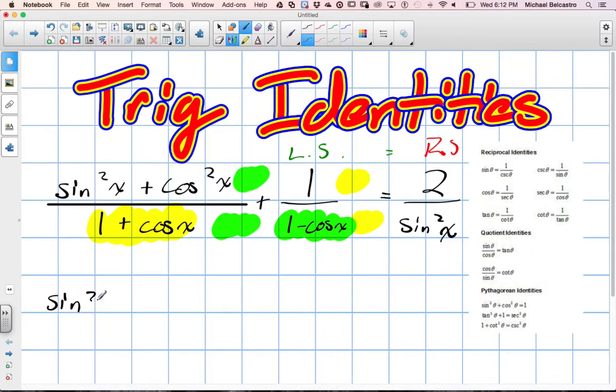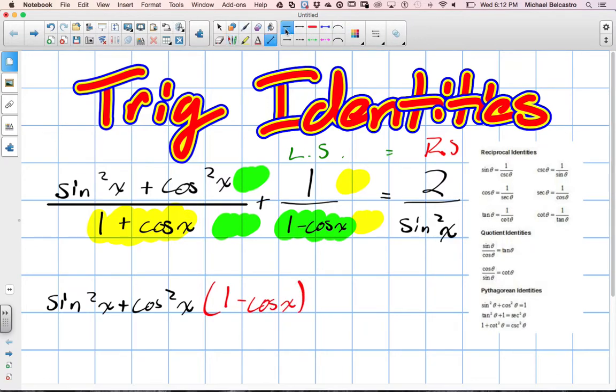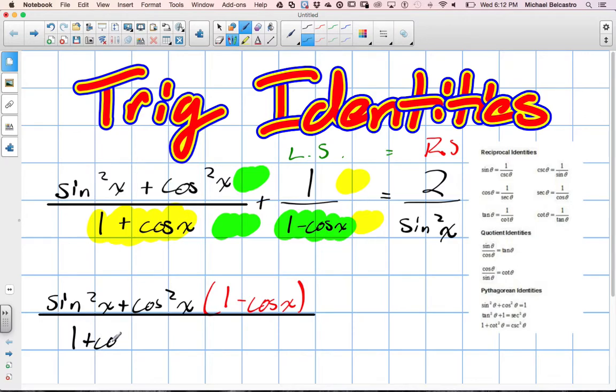I'm going to have sine squared x plus cos squared x, and we're going to be multiplying that by 1 minus cos x, over 1 plus cos x. And I should put this in brackets. Think of it like that.